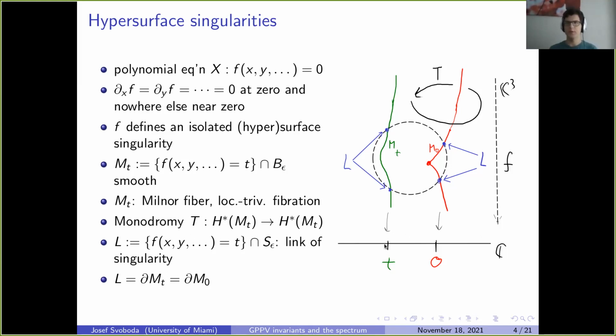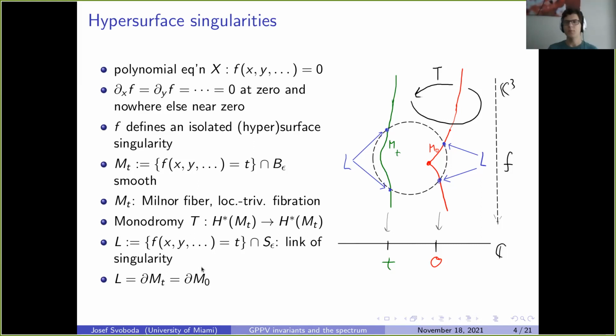So a linear operator, a matrix going from H of the Milnor fiber back to H of the Milnor fiber. This matrix is an important invariant of the singularity, and we can get much information about the singularity by computing the eigenvalues of this matrix. So this is the monodromy matrix.